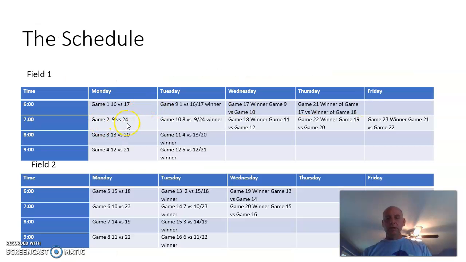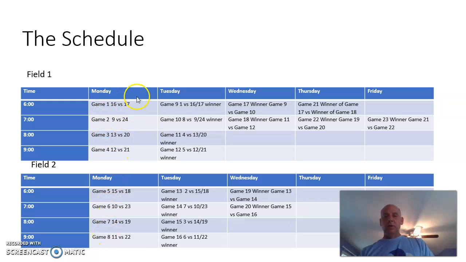So game 2, 9 versus 24, and ideally you're going to have names for them. Game 3 is 13 versus 20, and 12 versus 21. I just put the top part of the bracket on field 1, the bottom part of the bracket on field 2. Okay, and again, there's those 8 games.